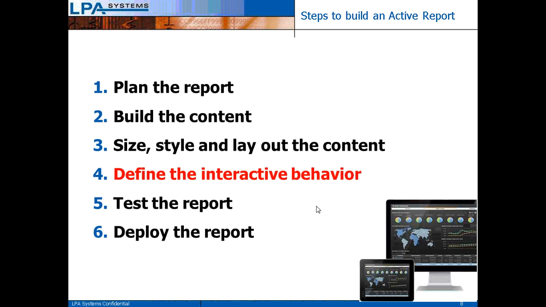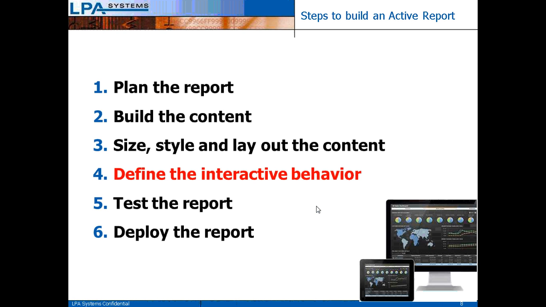That would be any charts, lists, crosstabs, etc. Do some basic sizing and styling to lay out the content, how you would envision the flow of the active report. And probably the most important step of all is to define the interactive behavior. Interactive behavior makes an active report distinctly unique from a standard Cognos report.